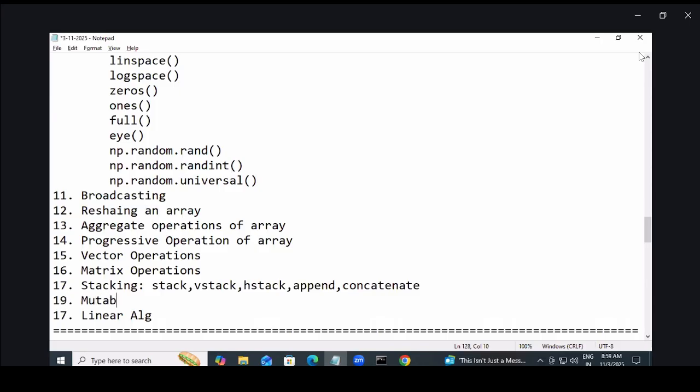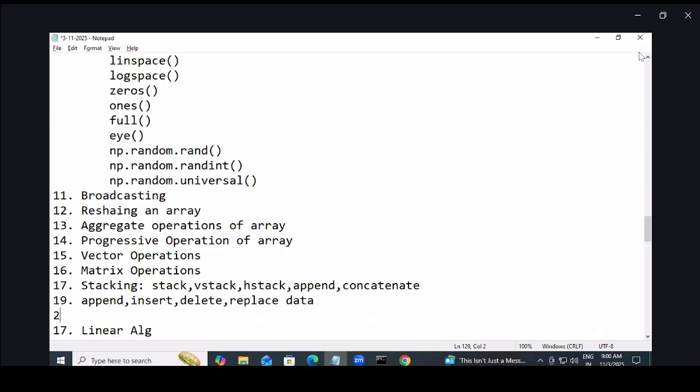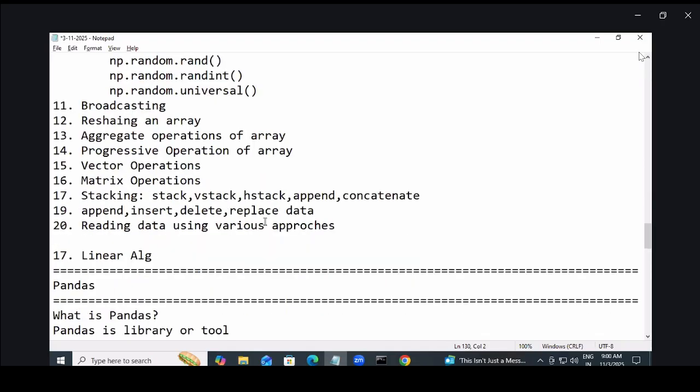And we have seen some mutable operations. Mutable means I said how to append, how to insert, how to delete, how to replace data, and even how to read data using various approaches. What are the approaches we have seen?